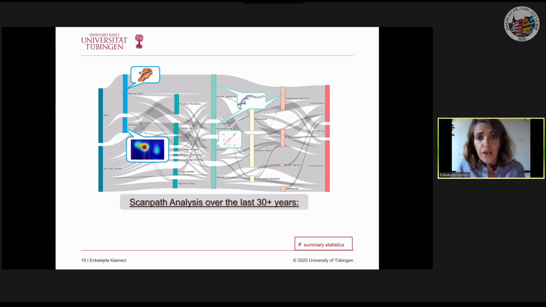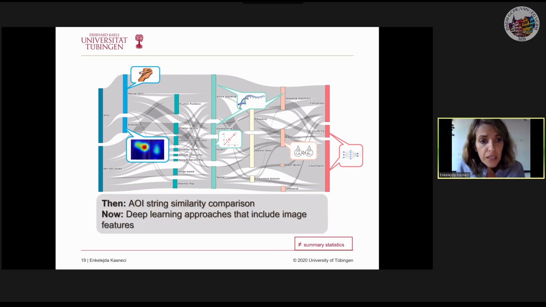Later there are also some probabilistic models, but so far no employment of deep learning for scan path comparison. And I think now we are at the stage where deep learning approaches that include image features can be helpful and can support automated scan path classification and analysis.